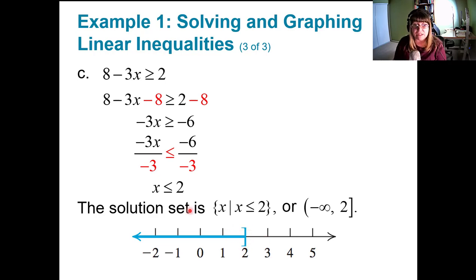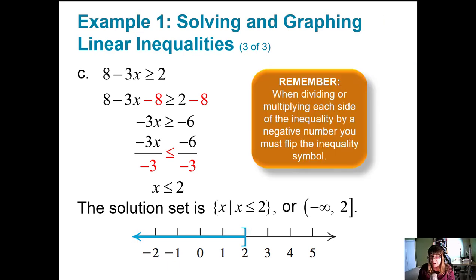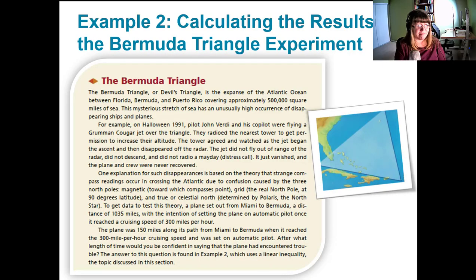On the graph of our solution, our arrow is heading to the left, and therefore we draw our arrow to the left. As a reminder, when dividing or multiplying each side of the inequality by a negative number, you must flip that inequality symbol. All right, let's run through another example, calculating the results of the Bermuda triangle experiment.